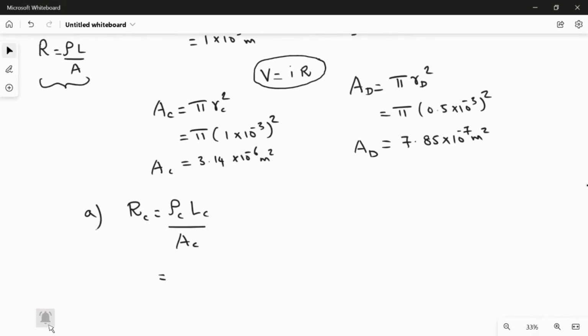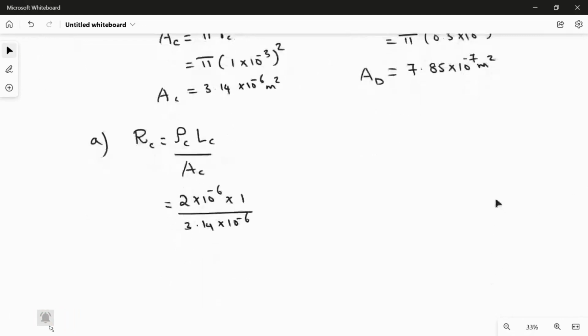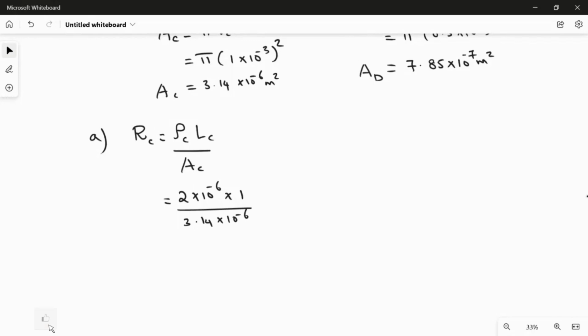So the resistivity of the wire C, they mention as 2 multiply 10 power minus 6, multiply the length of the wire C is 1 meter over the cross-sectional area of the wire C. Just before we found the answer as 3.14 multiply 10 power minus 6. Here I got the answer for the resistance of the wire C as 0.6370.